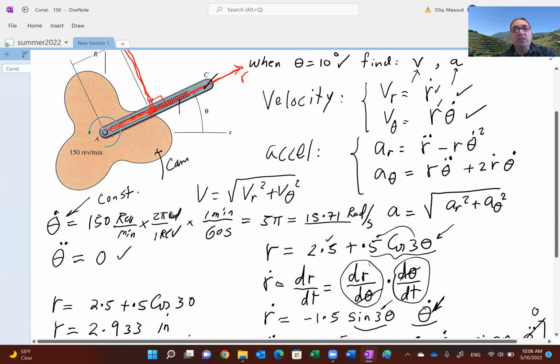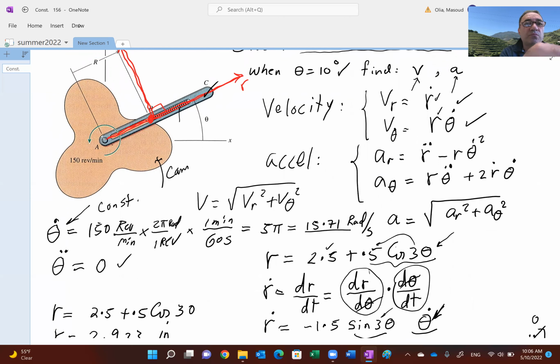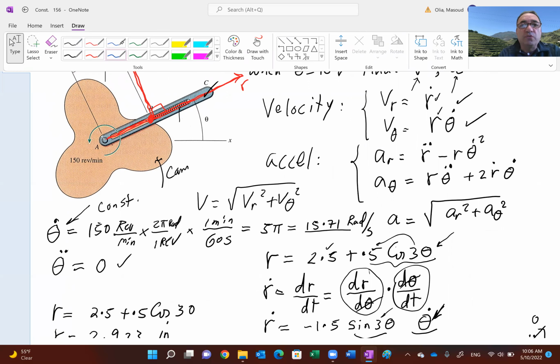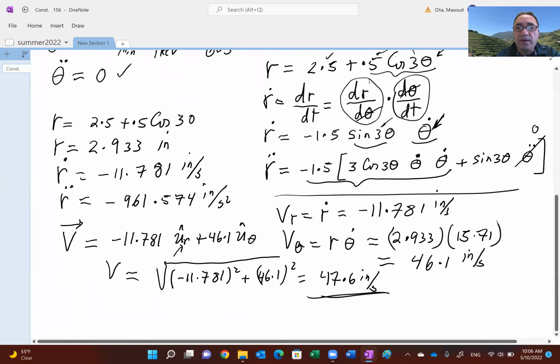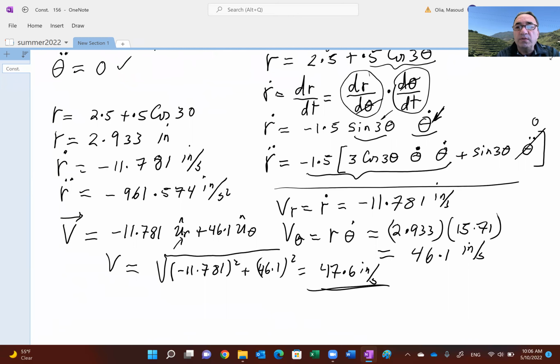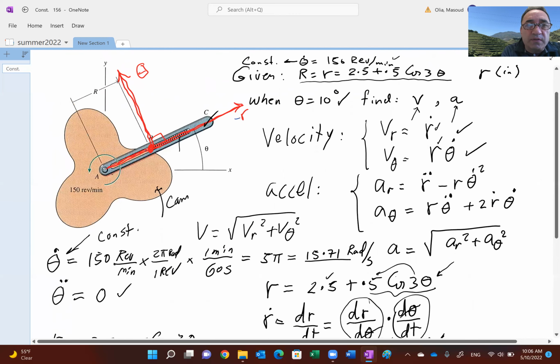So to give you an idea, even though this is not really the 10 degrees, let me see if I could show this to you. So the radial component is negative 11.781, and transverse is 46.1. So this is the positive R. So we have a component of radial in this direction and a component much larger in the theta direction.